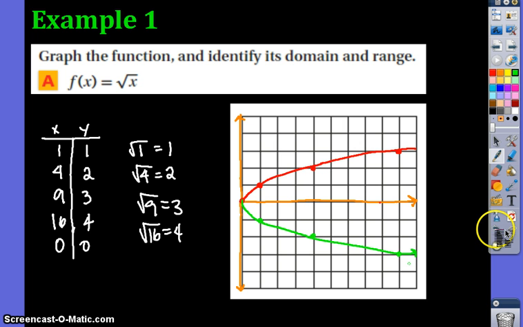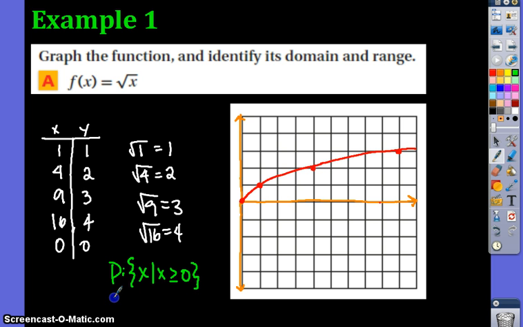But for this one, they did not say plus or minus. They just said what are the values for x for the square root of x. So when we're being specific just to that graph that we have here, our domain is x such that x is greater than or equal to 0.